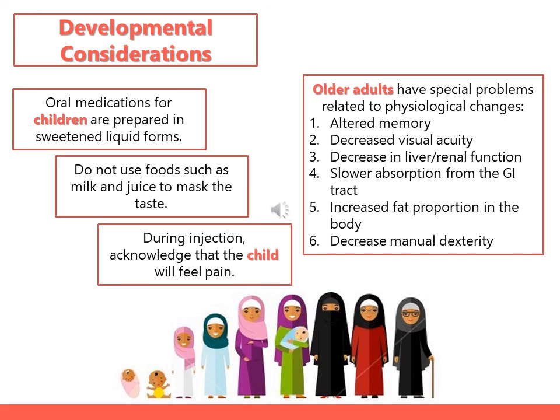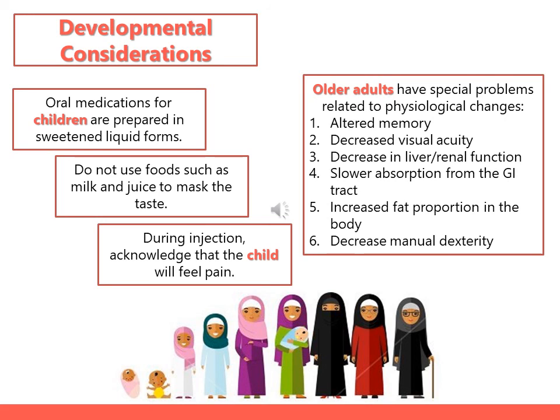Increased fat proportion in the body. As mentioned earlier, the rapid distribution and absorption of the medication is also affected by the fat composition of the patient. If you are injecting a medication to an obese patient, you expect that the medication will take its effect a little slower. Why? Because the fat doesn't have blood vessels.